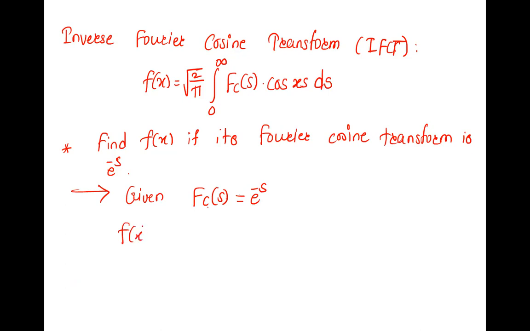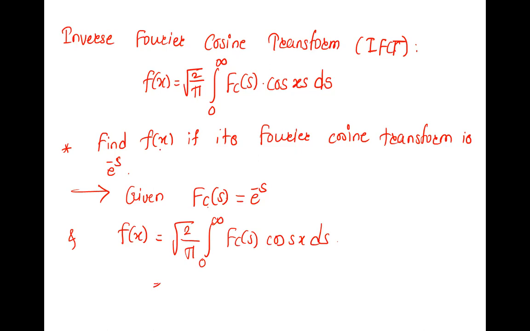So we have the definition formula. f of x in terms of F_c(s): we use root 2 by pi, 0 to infinity, F_c(s) cos sx ds.